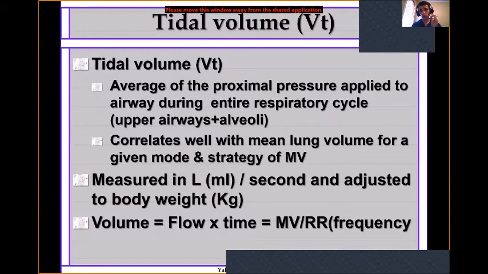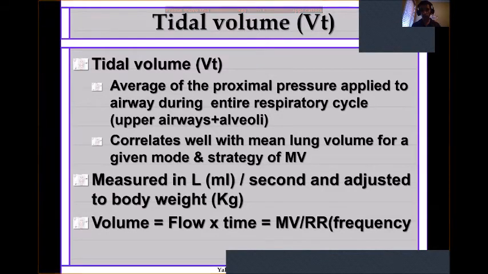And now we're talking about tidal volume. So we talked about minute ventilation, which is the volume during 1 minute, and tidal volume is the volume during 1 breath. When we say minute ventilation, it is the average during the entire respiratory cycle, and we know the respiratory cycle includes the airway and the alveoli.